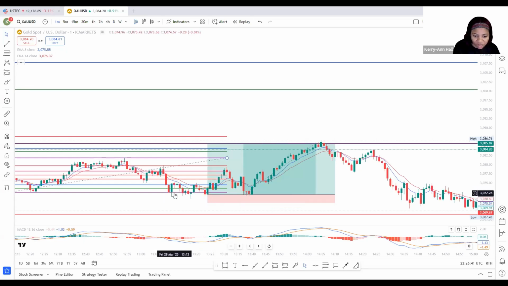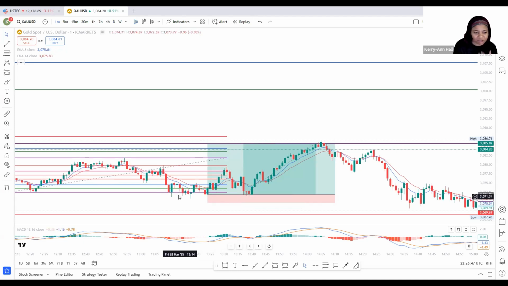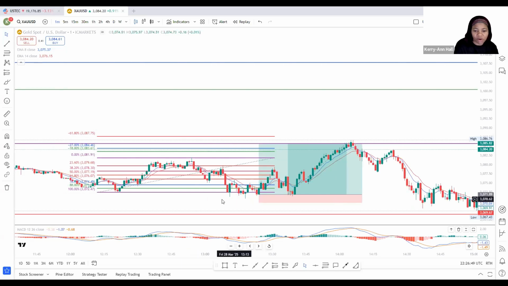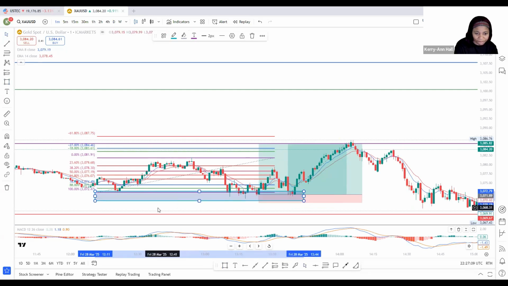So I was watching the market, all right, put an alert literally here because this became a key zone of interest. Because what I realized now is that price is forming structure right here in terms of support. Right at 3,071, we had support being created. So what I was looking at was the fact that, okay, here, strong support zone.